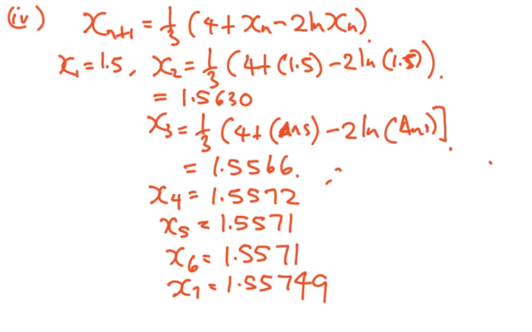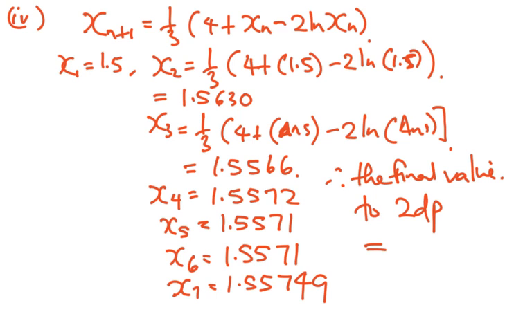So from here the final iteration value to 2 dp is 1.56. Okay, thank you.